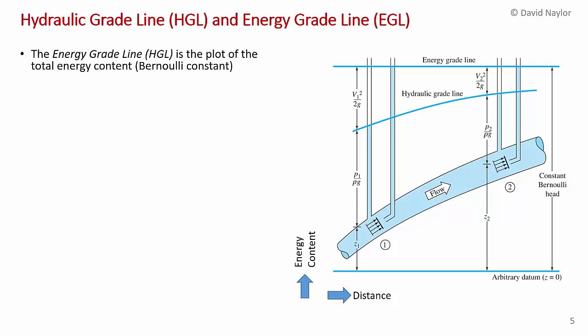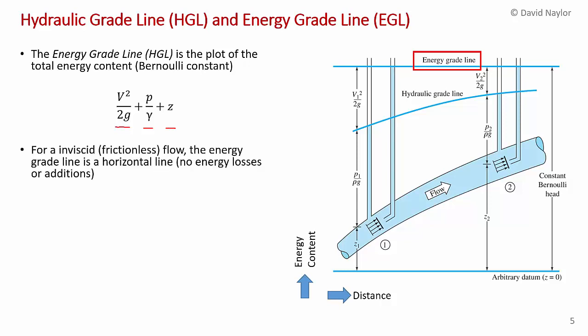In contrast, the energy grade line is a plot of the total energy content. So it's really a plot of the Bernoulli constant. So it's the sum of the velocity head, the pressure head, and the elevation head.